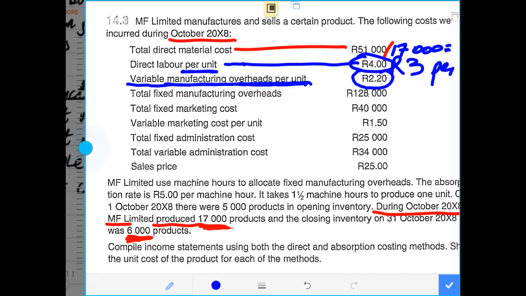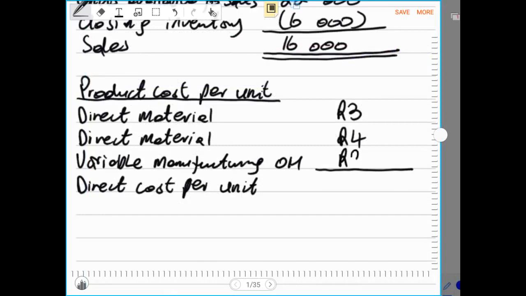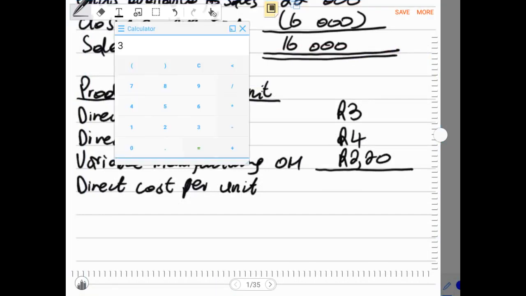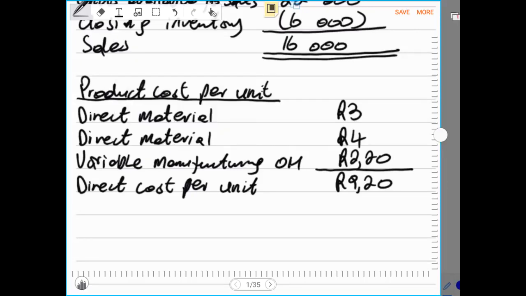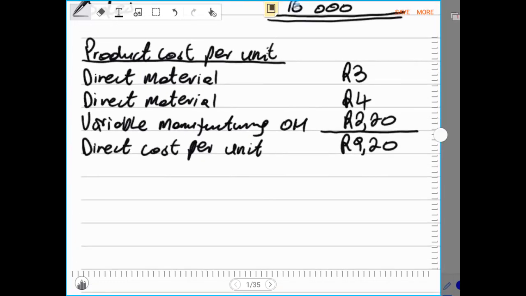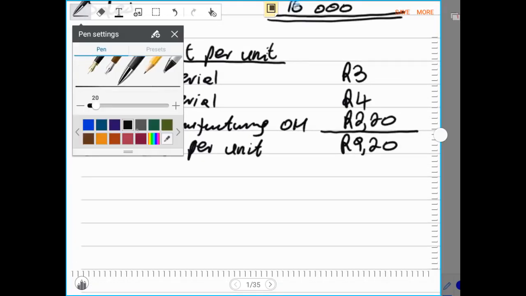Then we can just take that 2 rand 20 cents as it is. Then that will give us direct cost per unit, which is 3 plus 4 plus 2 rand 20 cents. That will give us 9 rand 20 cents. So now 9 rand 20 cents becomes our variable cost per unit, or our direct cost per unit. Then after, now we have to add our fixed cost.